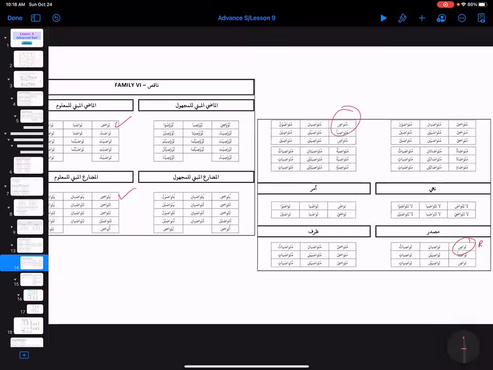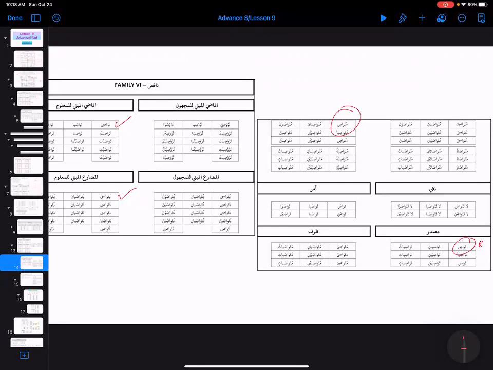And then tuwusia, because of that the alif becomes ya. And yutawasa.